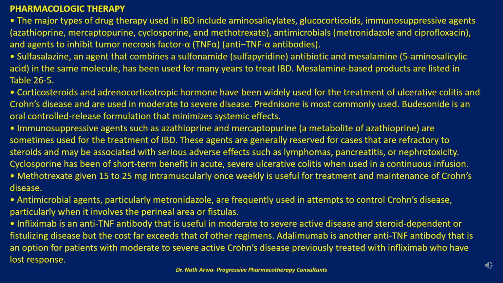Sulfasalazine, an agent that combines a sulfonamide antibiotic, sulfapyridine, and mesalamine, that is 5-aminosalicylic acid, in the same molecule, has been used for many years to treat inflammatory bowel disease. Mesalamine-based products are listed in Table 26.5.